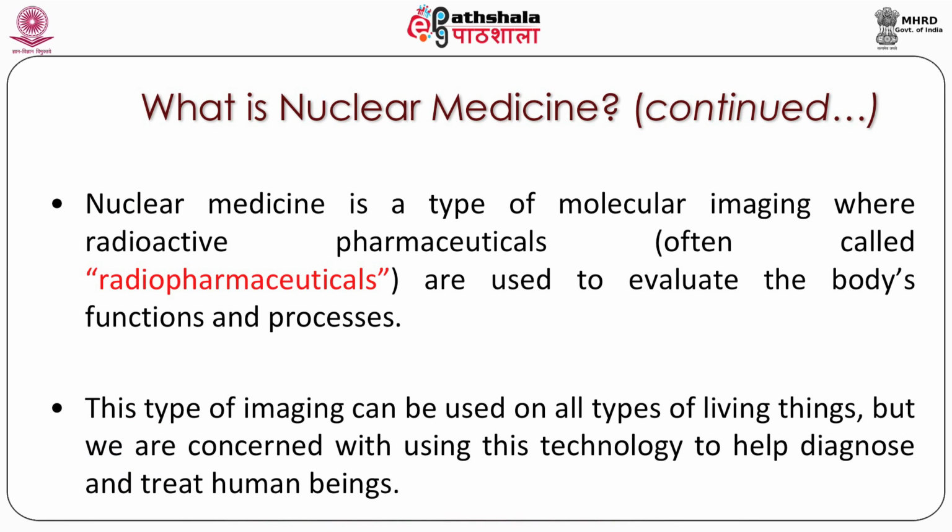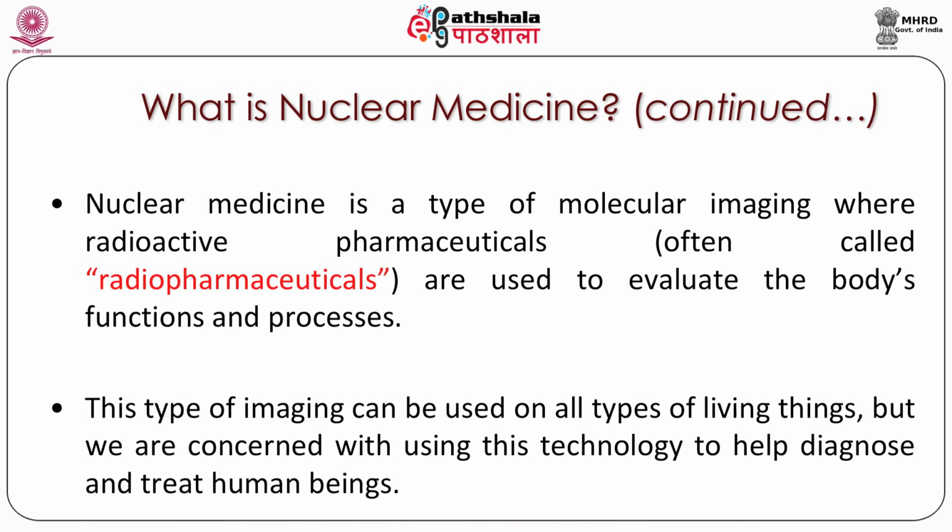Nuclear medicine is a type of molecular imaging. Why do we use the term molecular nowadays? Because we are using radioisotopes like positron emitters, which annihilate and give 2 photons. It means you can diagnose the disease at a cellular level. That's called molecular imaging, often done by using radiopharmaceuticals to evaluate body function and processes.